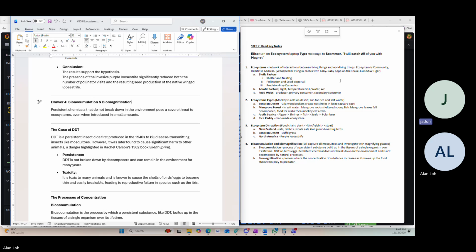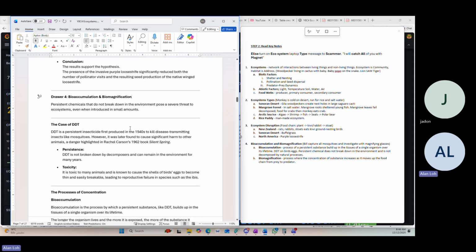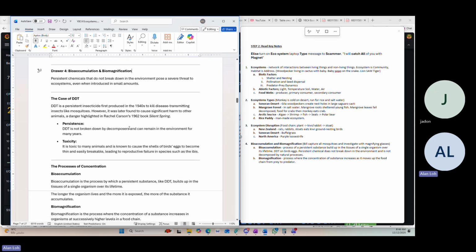I will catch all of you with magnet. Yes. So Elise tells the scammer, Elise will catch all of you, the scammer, the bad guys, with magnets. So that is drawer number 4. Now, drawer number 4, you can continue reading this part.